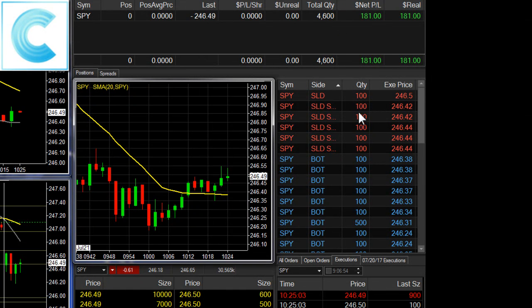So obviously these numbers here, if we were to change the default base lot size to something, let's say 500 shares, then we can adjust the total quantity accordingly, and then of course the net profit, net loss, and realized profits would also be adjusted accordingly.